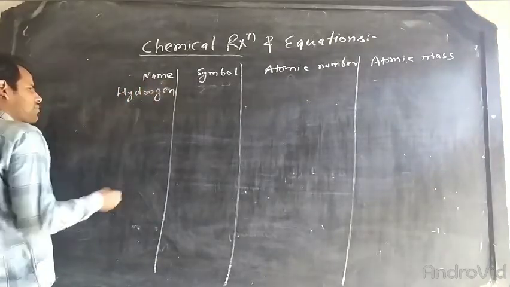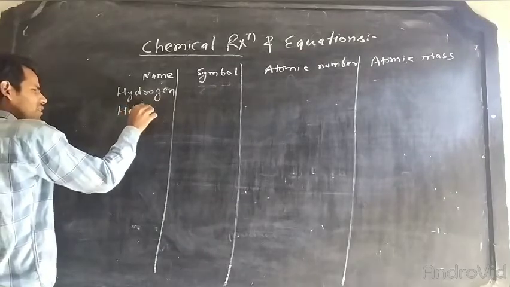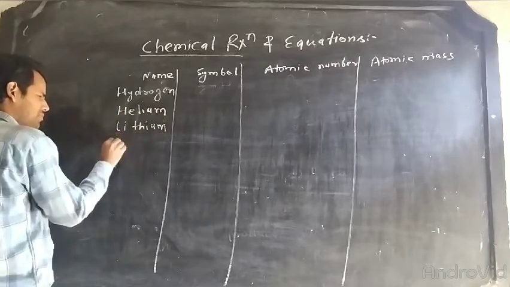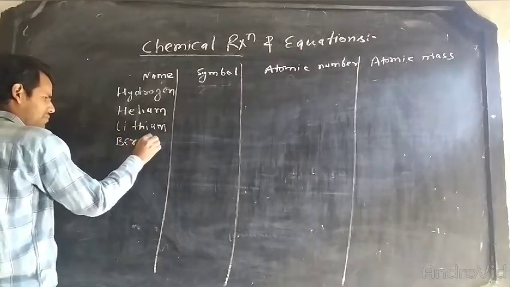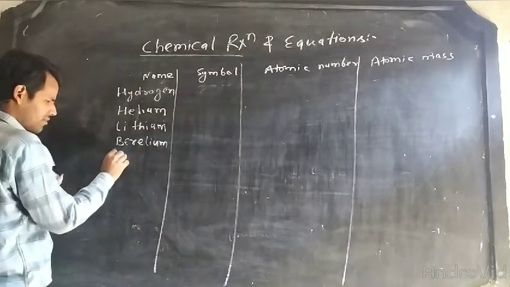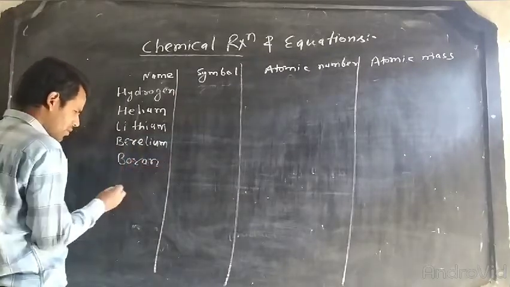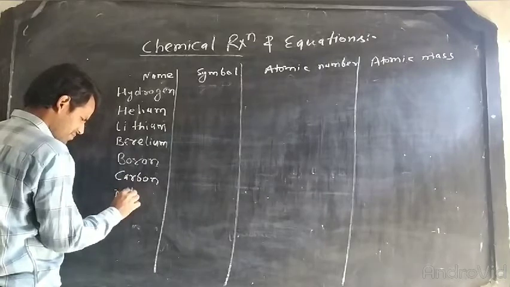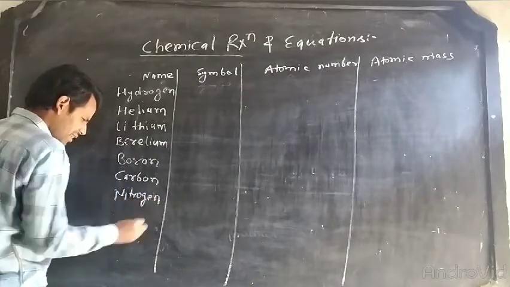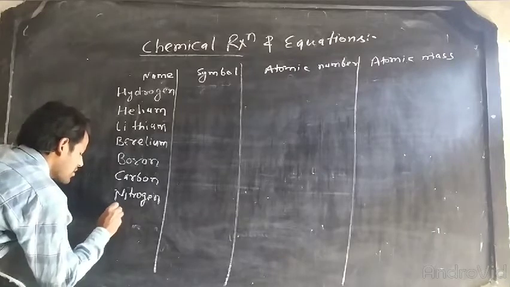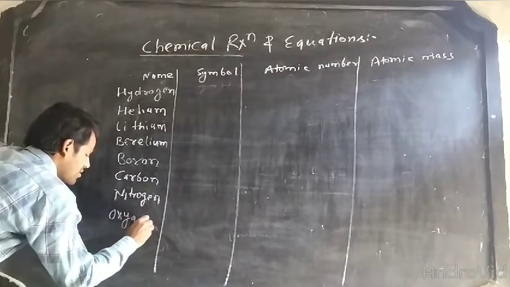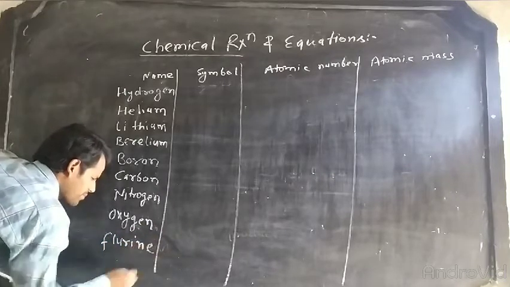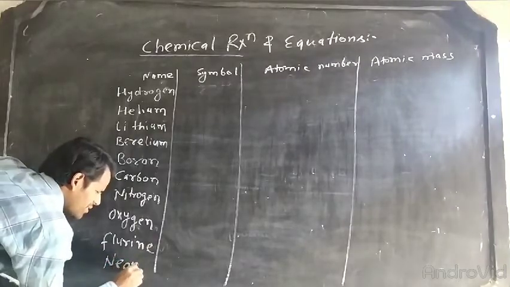Hydrogen, helium, lithium, beryllium, boron, carbon, nitrogen, oxygen, fluorine, and neon.